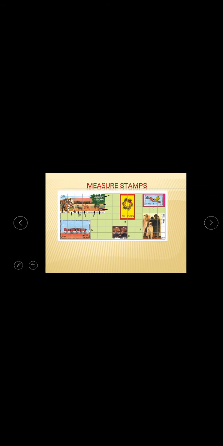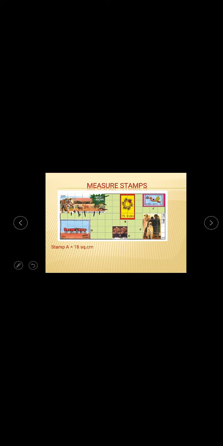So the area of stamp A is 18 square centimeter. Or simply you count the number of square boxes inside the shape. There are 18 square boxes, and each square box is 1 centimeter. Area of stamp A is equal to 18 square centimeter.